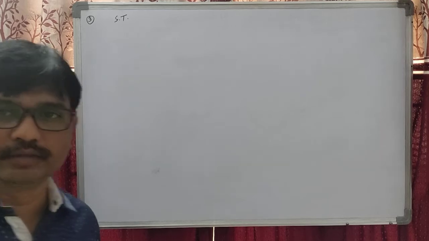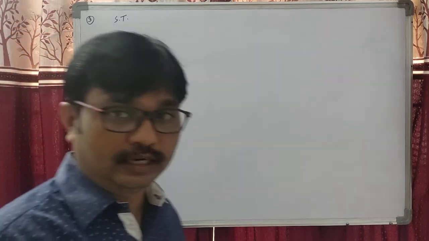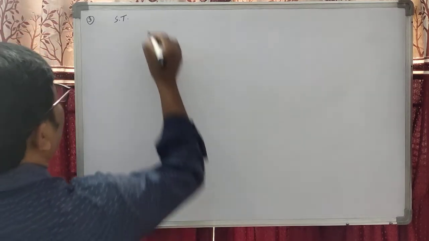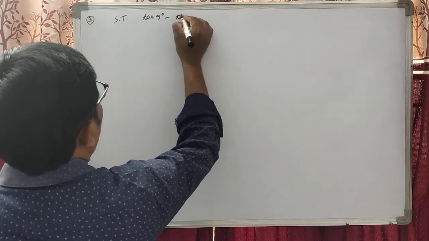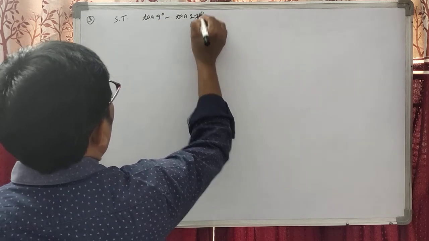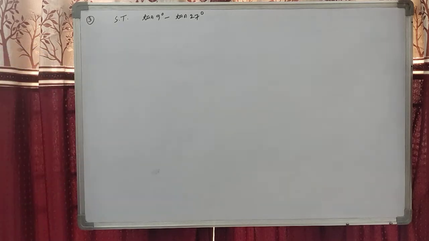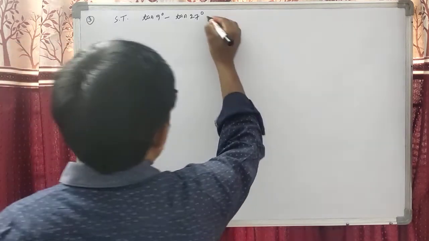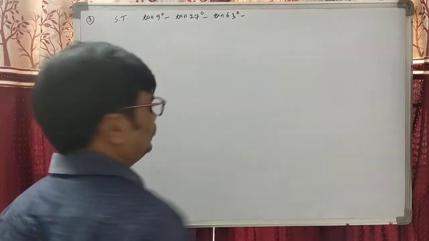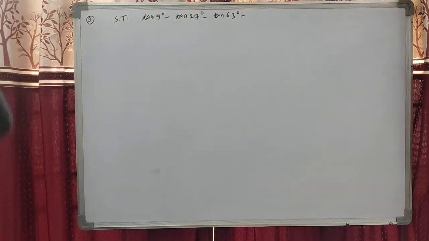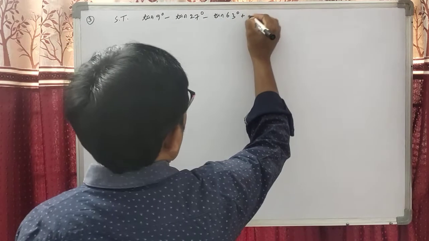My dear students, now the third one. Find the value of tan 9 degrees minus tan 27 degrees minus tan 63 degrees plus tan 81 degrees.